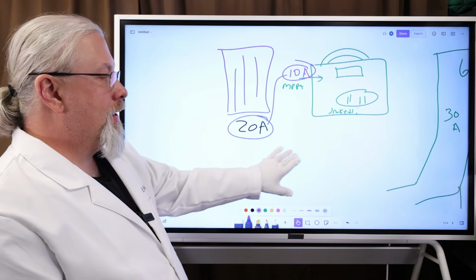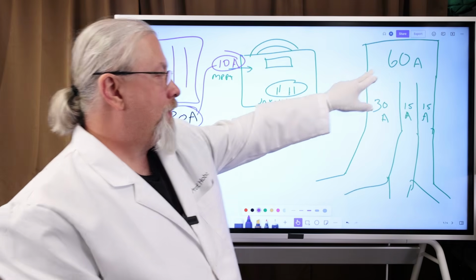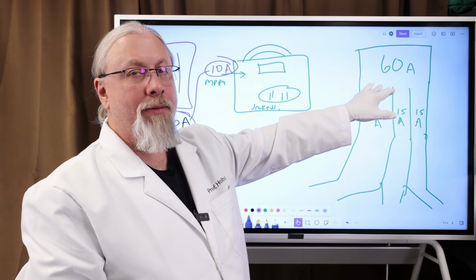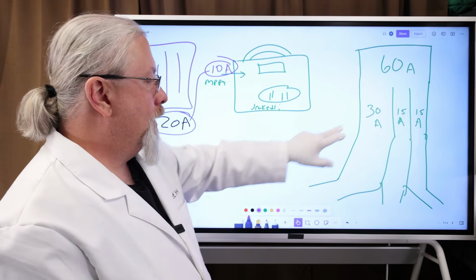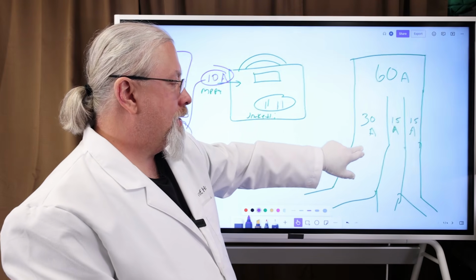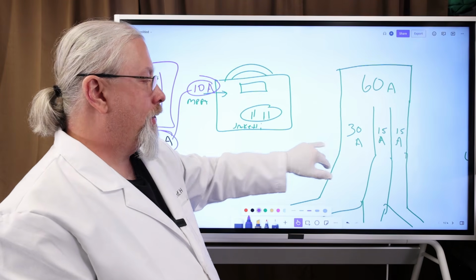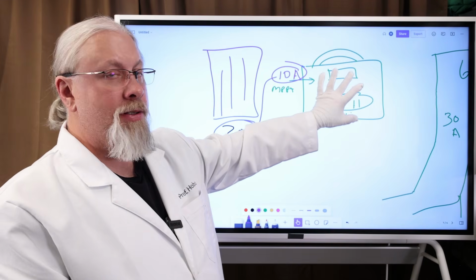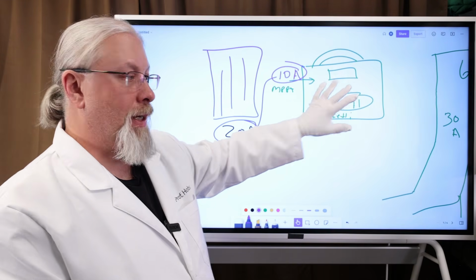Absolutely not, because in the example here, we had 60 amps, and it's only going to pull up to 60 amps from the source. But each circuit on this is a 30 amp circuit, so it's only going to pull 30 amps. In this case, this is a 10 amp circuit, because the power station is considered a load on a solar panel.